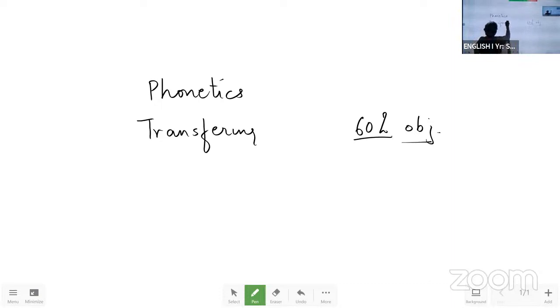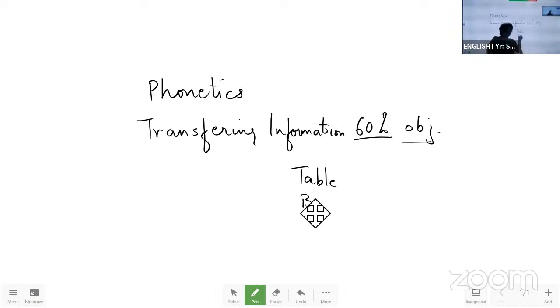Transferring information is also not in English, but you have come across it in your other subjects, whether it is a table, bar graph, all this you have come across. Pie chart, tree diagram, and flow chart.